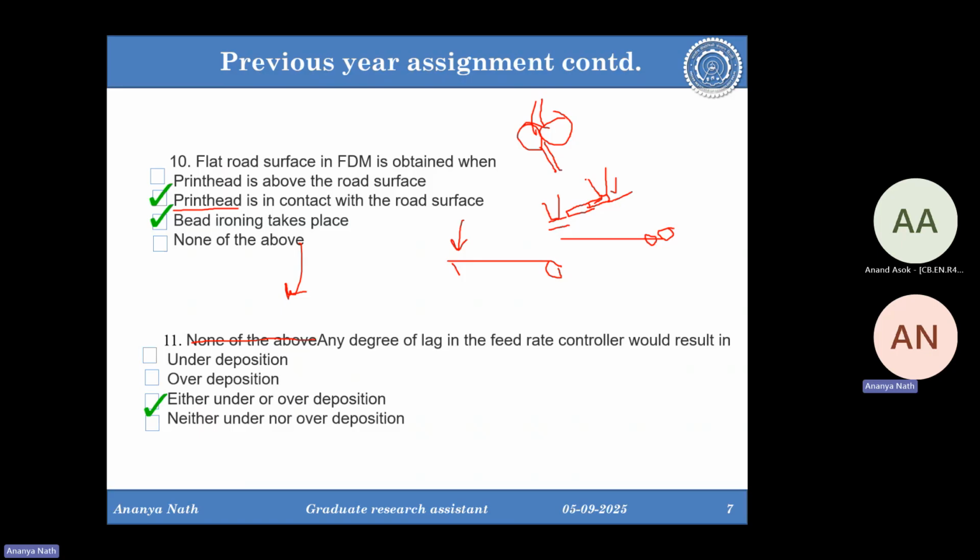When your feed rate is not proper and your print speed is very high, then there will be under deposition. It means you don't have a sufficient amount of melted wire coming out of the nozzle, but your nozzle is at a high speed. So you expected this much bead, but you are getting this much bead. Do you understand this point?